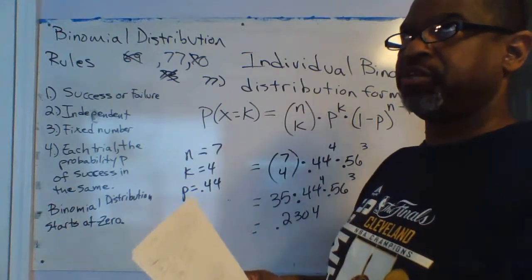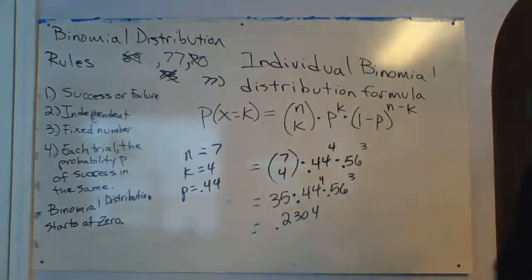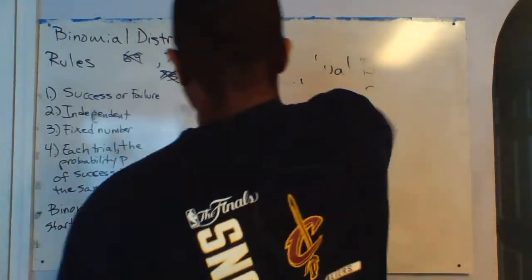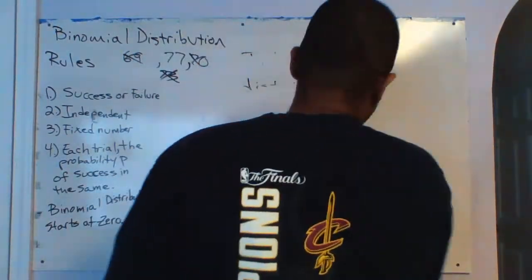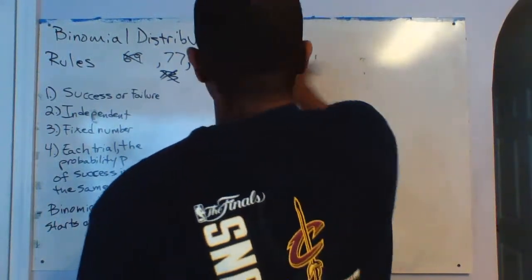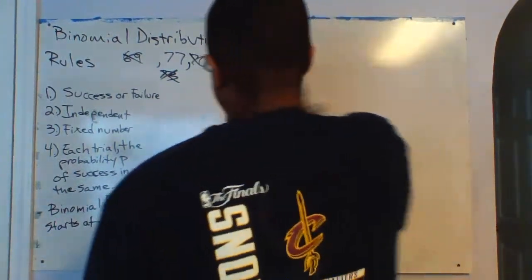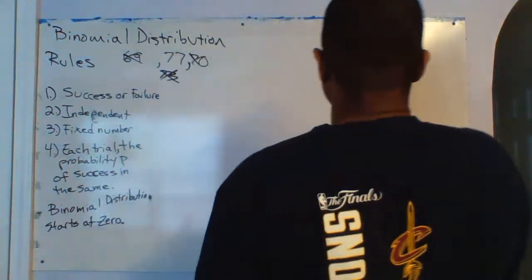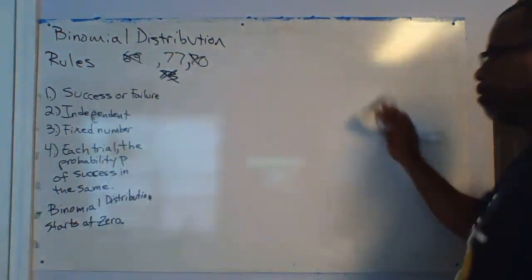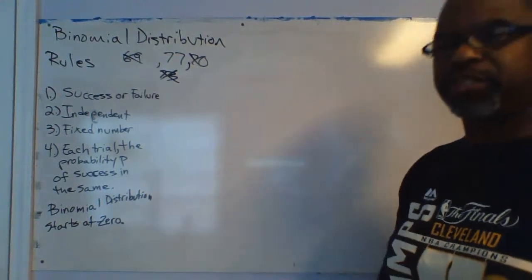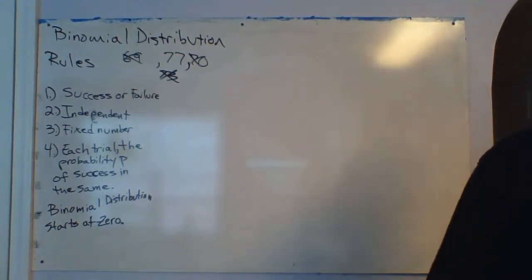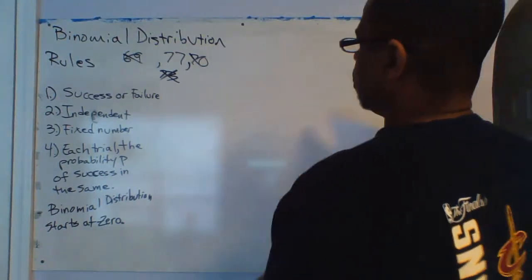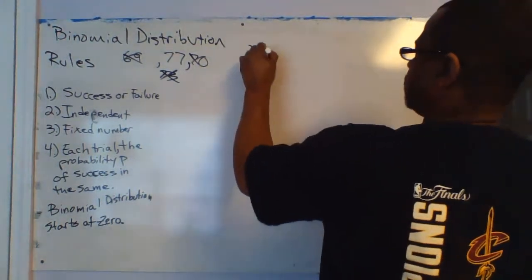Then I'm going to show you something new. I'm going to erase this and put up a discrete random variable table, and we're going to check whether the table I've given you is a binomial distribution or not.